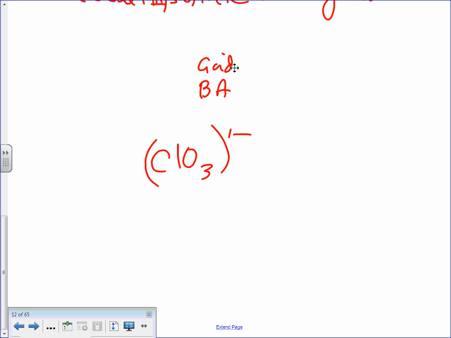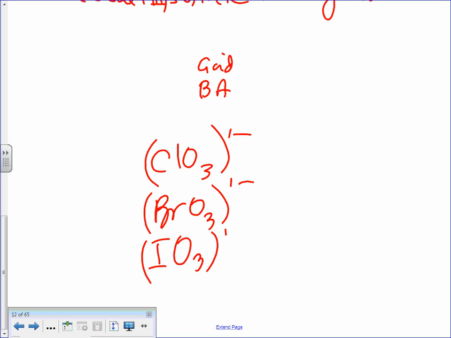Tell me what the halogens are. Chlorine, bromine, iodine. Those 3, chlorate, bromate, and iodate, are all exactly the same. It's just their halogen that is different. So you can easily get it from chlorate.